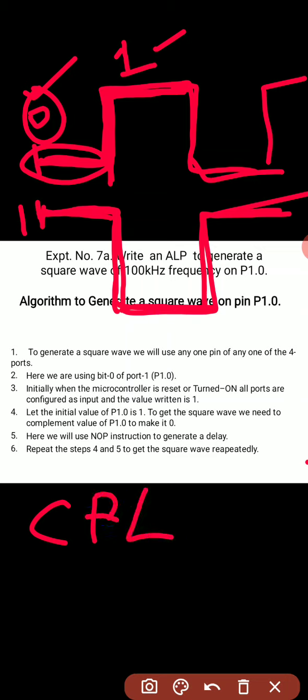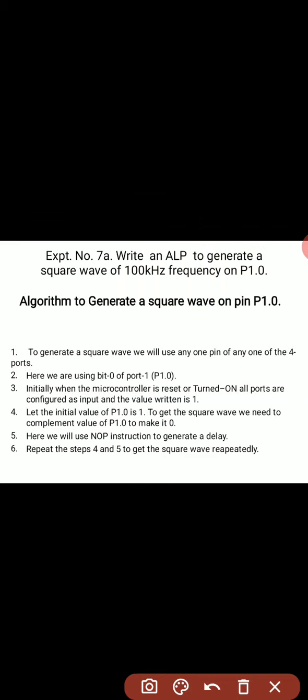Here we are going to use one pin of any port to generate this square waveform. Let us see which pin and what the details are. First let us see the algorithm to generate a square wave on pin P1.0, that is the 0th bit of port 1.